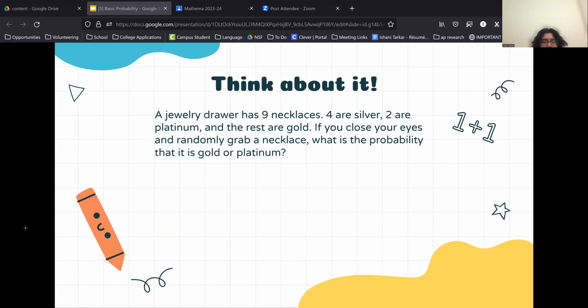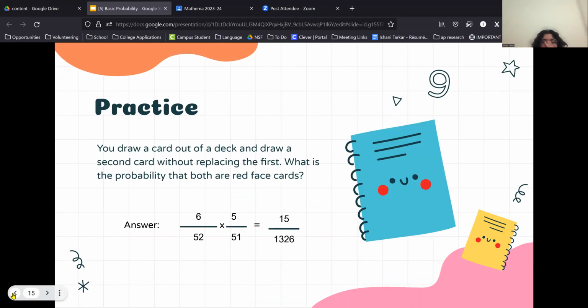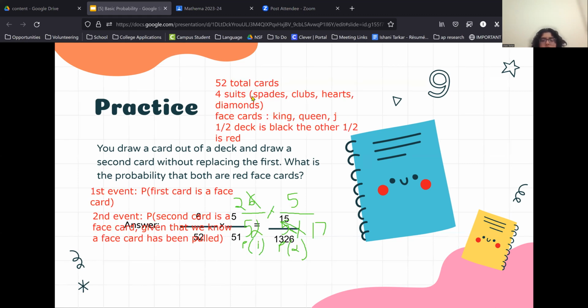The way that I got 6 and 5 in the previous problem is that it was asking for red face cards. We know that the face cards are king, queen, jack, and half of the deck is red. So there are a total of 12 face cards, of which half are red and half are black, meaning there are 6 red face cards.